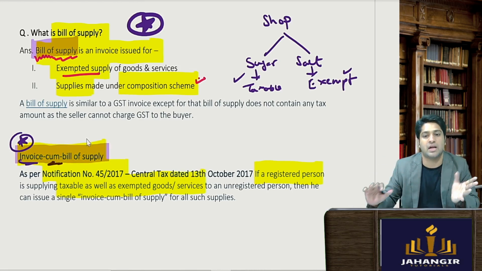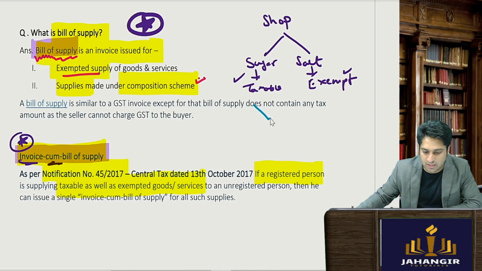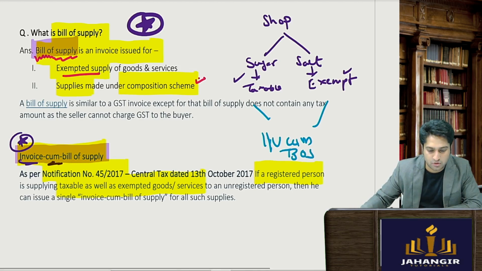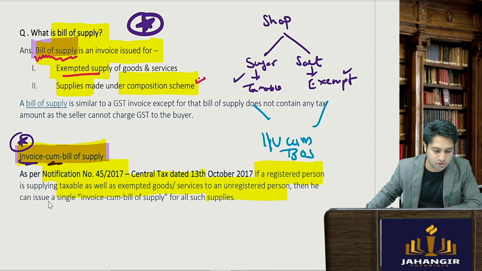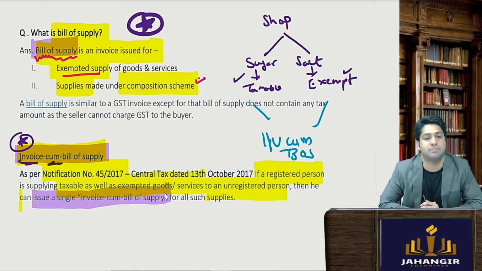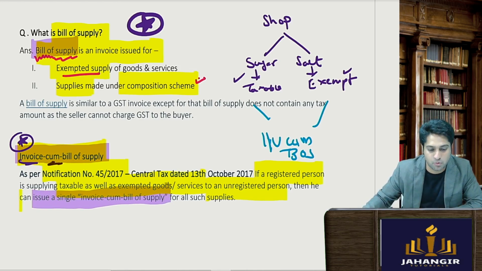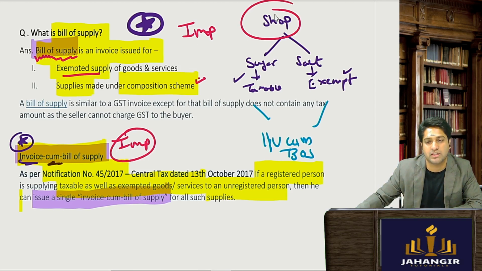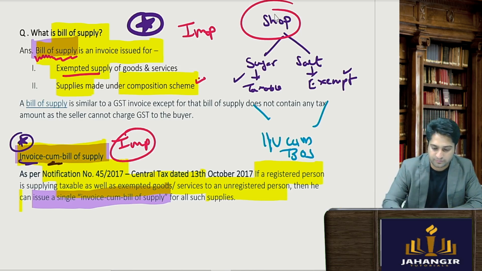That means it will do the work of both. What is its name? Invoice cum bill of supply. Even to an unregistered person, he can issue a single invoice called an invoice cum bill of supply. Mark this, both of them are important from an exam point of view. Even the invoice cum bill of supply, when both are supplied together.